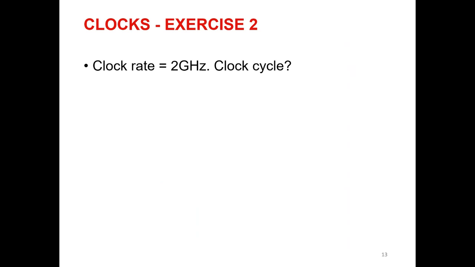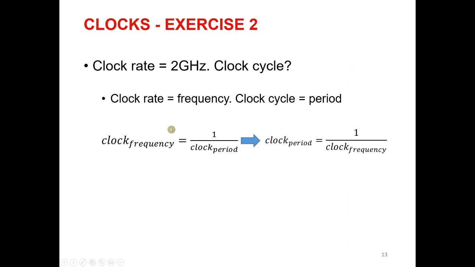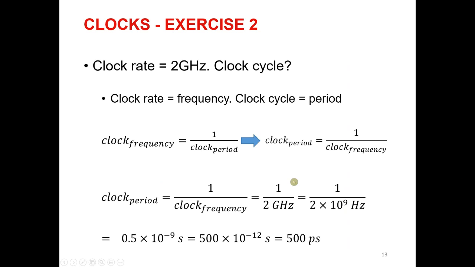So remember that clock rate is a synonym of clock frequency and that clock cycle is a synonym of clock period, right? So if we know that the clock frequency is the inverse of the clock period, we know that the clock period is the inverse of the clock frequency. So then we just need to apply the formula. In this case, we have 2 gigahertz.